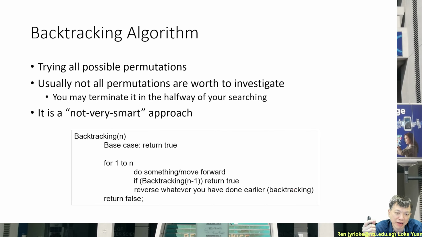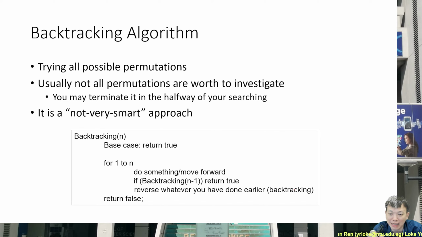In short, whenever this kind of problem comes up, you want to try all the permutations. But if you really try out all the permutations, the cost is very high. If you use backtracking, it doesn't mean it's better.